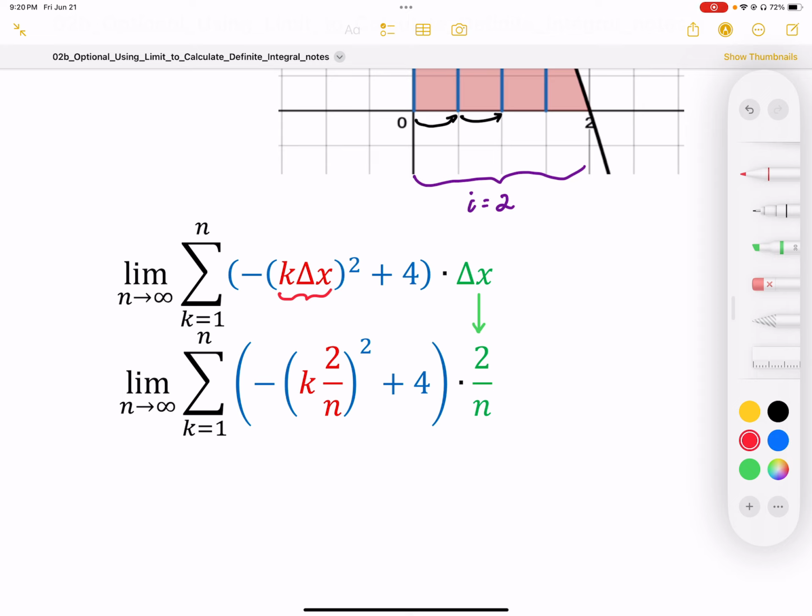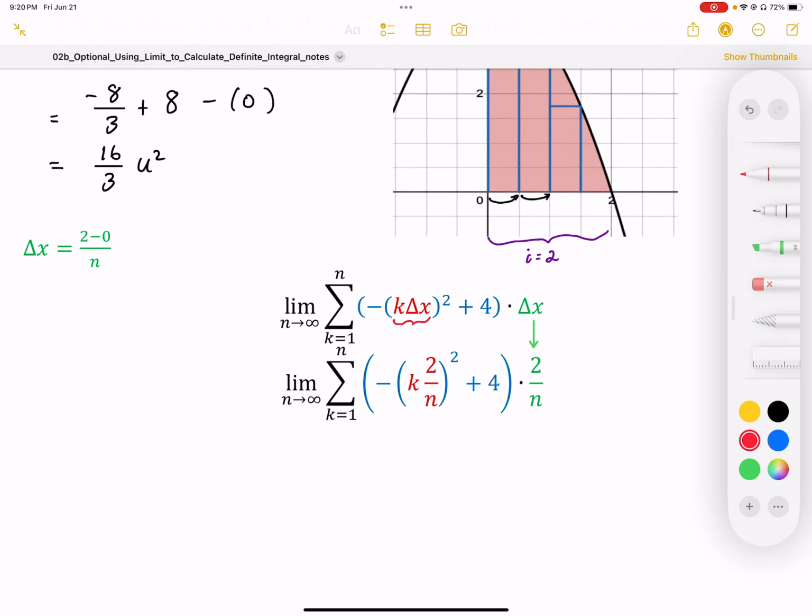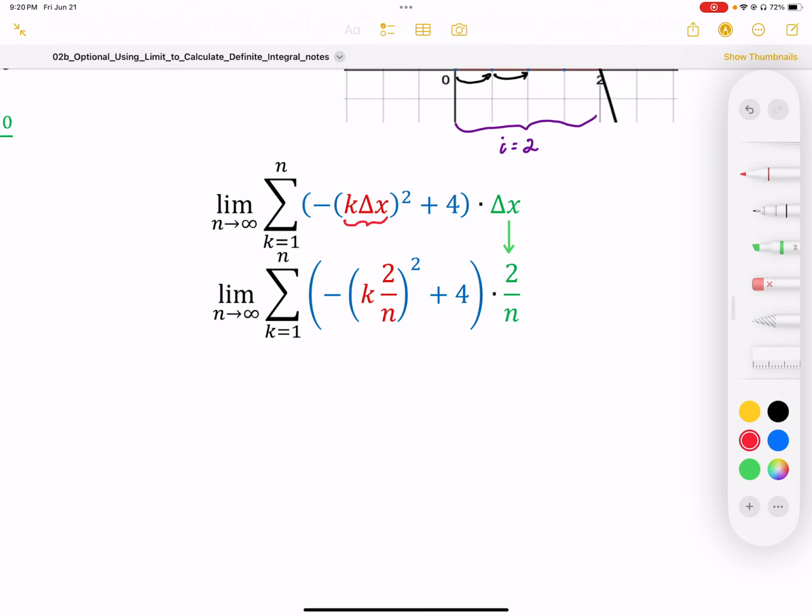And then I'll multiply it by 2 over n, which is delta x, and then I'm going to sum them all up from k equals 1 to some n value. Now, again, if n is finite, we're just calculating a whole bunch of Riemann sum rectangles, but we're going to let n go to infinity, and this allows me to go from the Riemann sum to the integral. And I should be able, if I apply this, to get the same area, 16 over 3.